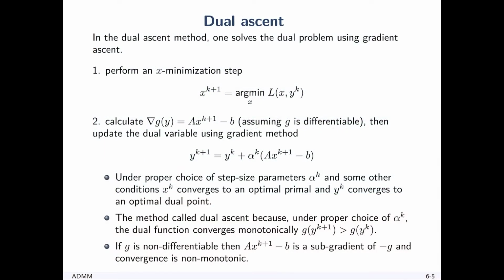So you minimize the Lagrangian with respect to x. And then if you calculate the gradient of the dual function, you see that it becomes really the constraint violation term.